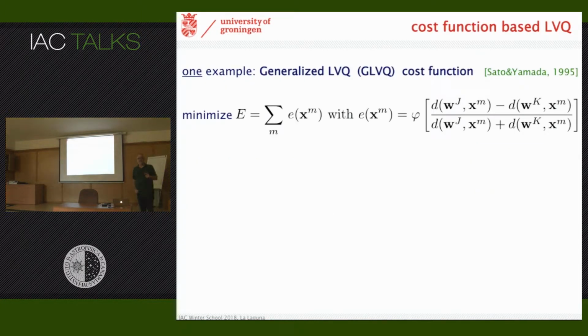You can go even further. You can do cost function-based learning, where you say, I define an overall cost function, which is a sum over all examples in my data set, right? And the contribution of a single example is, for instance, this thing. This is the most famous example, which is called generalized learning vector quantization, GLVQ, which was suggested in the 90s.